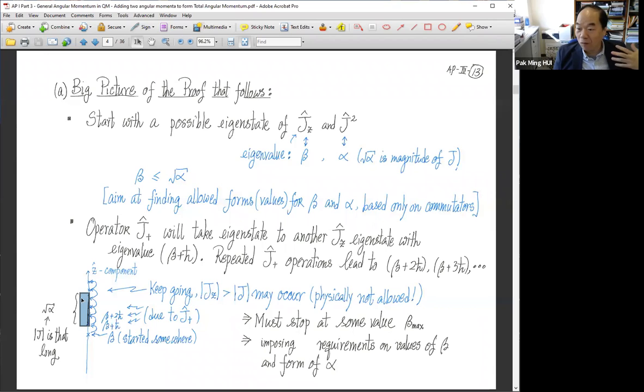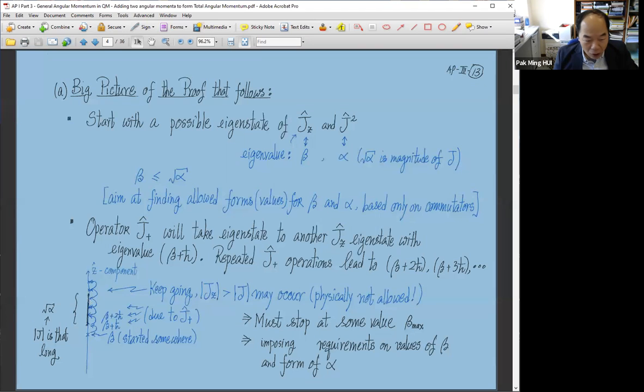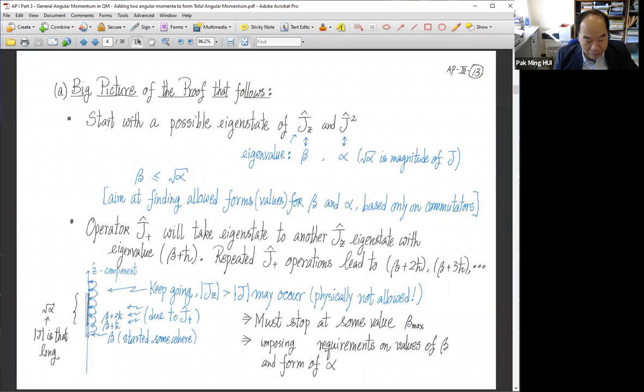So there is something wrong, and it becomes unphysical if it does so. Therefore, a criterion emerges that we must stop this increasing by h bar somewhere, and it should stop before it goes across the limit. Okay, so that is the big picture number 2.